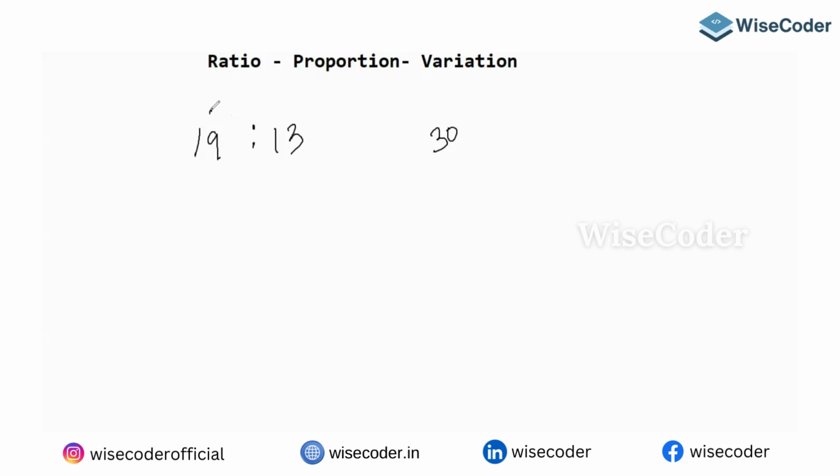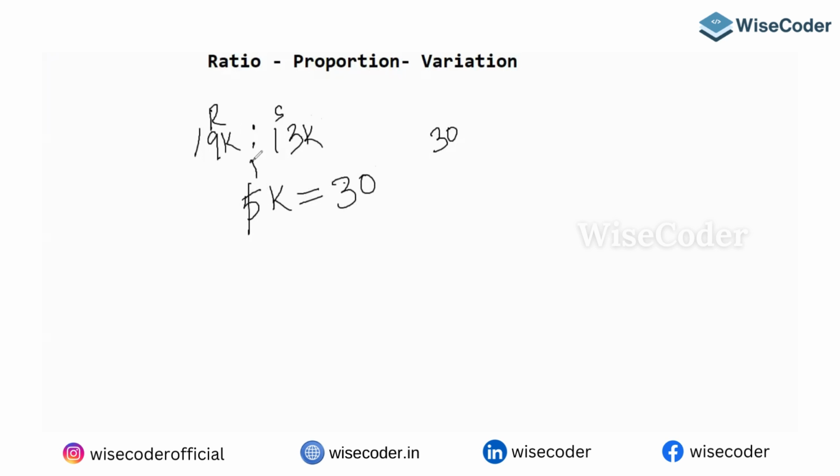So what is the ratio? 19k, 13k. So the difference is nothing but 5k, which is equal to 30.